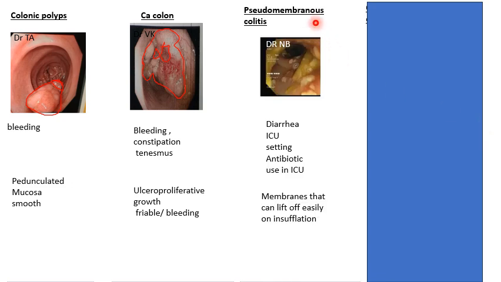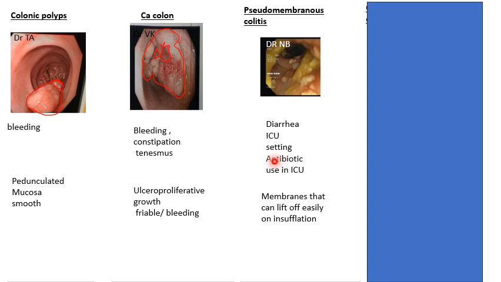Coming to pseudomembranous colitis, this is from Dr. Nirmal Banerjee from Calcutta. The main thing the patient will have is diarrhea. And most of the time, the stem will take you to an ICU setting. He may be admitted for a head injury, a thoracic injury, or diabetic ketoacidosis, but it will invariably take you to a sick patient in the ICU.